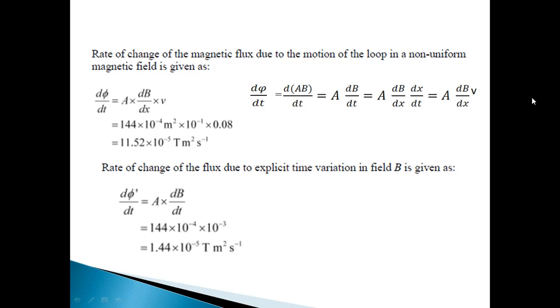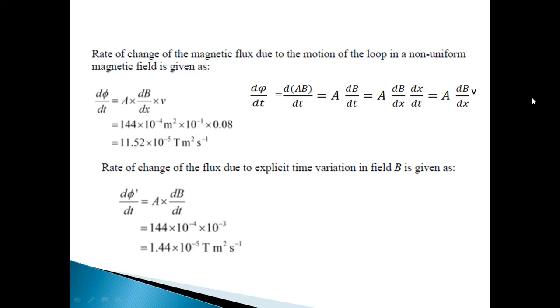So we have A into dB by dx into dx by dt. If you look at that formula, actually the numerator dx and the denominator dx will cancel. But we are just splitting it into that form. dB by dx we will leave as it is, but dx by dt we will write as velocity, because velocity is rate of change of displacement.